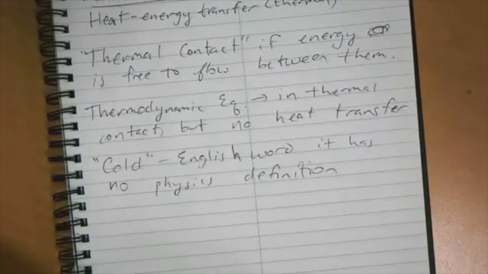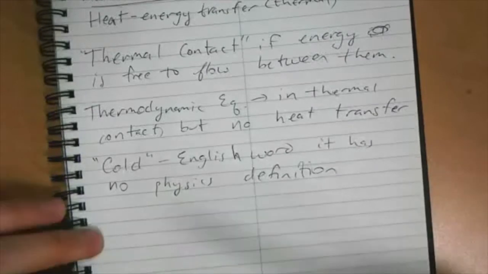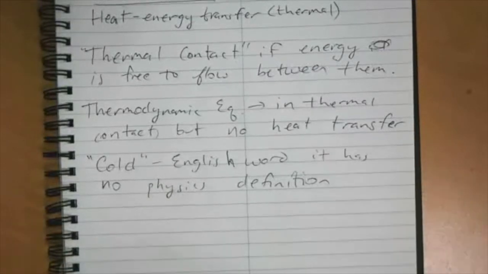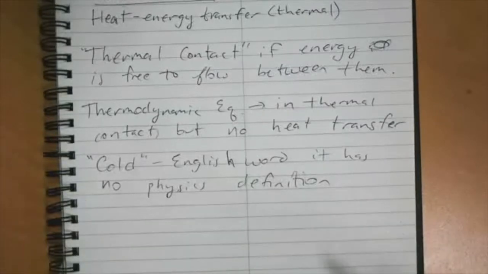An object feels cold because there is heat being transferred from us to wherever. If air feels cold, it's because there's heat radiating out from your body into the air. If you touch an object and it feels cold, it's because heat is transferring from your body to the object. So those are a few definitions in terms that are very different from the way we use them in English.